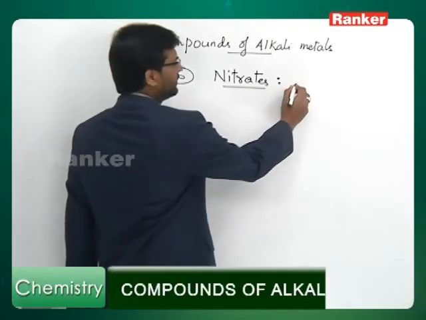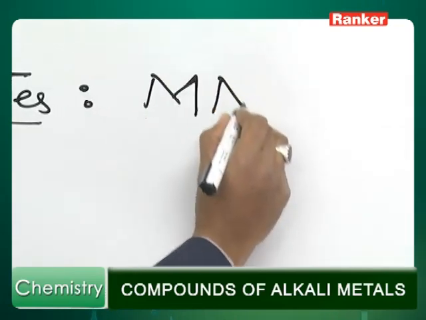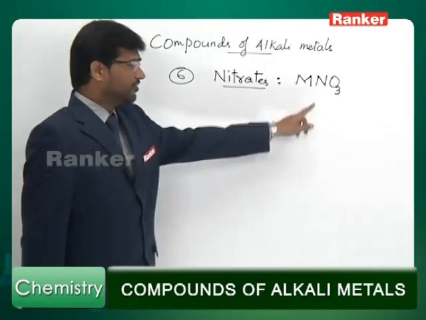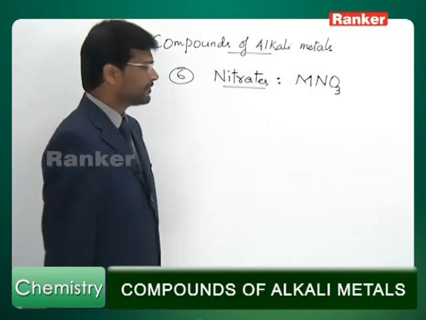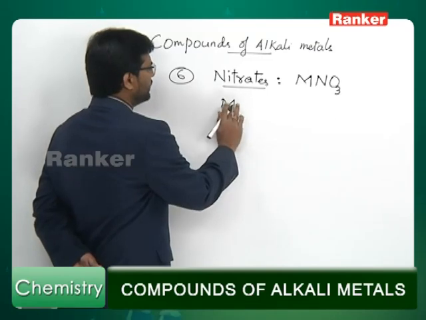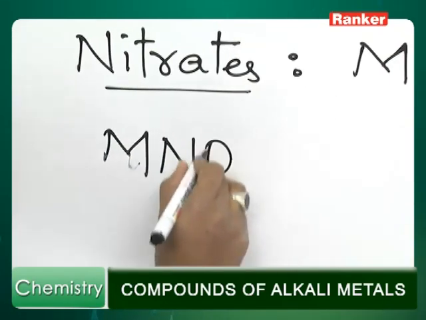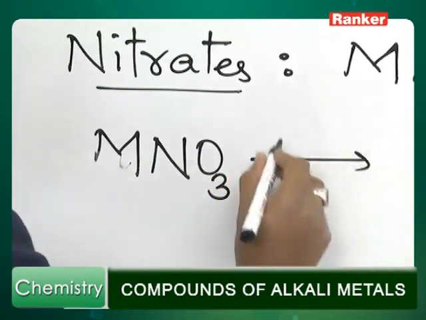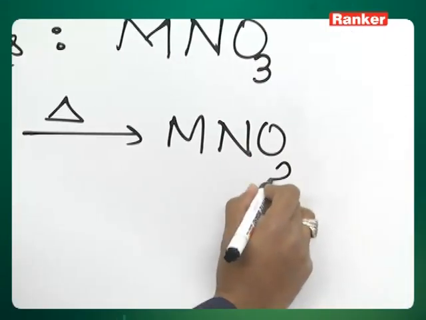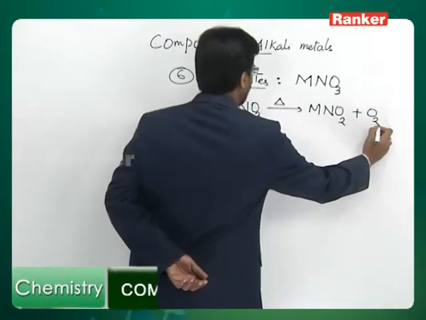The general representation of alkali metal nitrate is MNO3. This is the general formula for an alkali metal nitrate. Now, remember that when an alkali metal nitrate is heated, you get this and oxygen gas.